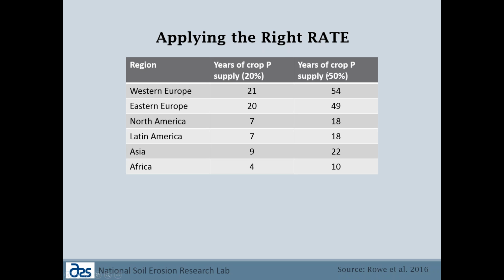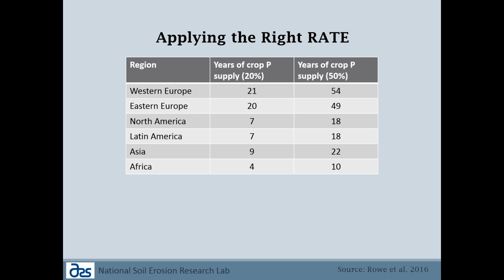And then in the next column over, what if 50% of that phosphorus in the soil was available for crops? So for North America, we see that ranges from 7 to 18 years of phosphorus that's already in our soils that is potentially available, and we wouldn't need to fertilize our fields for that many years.